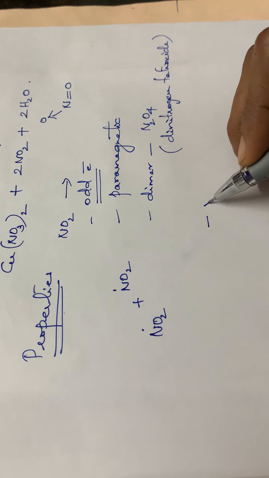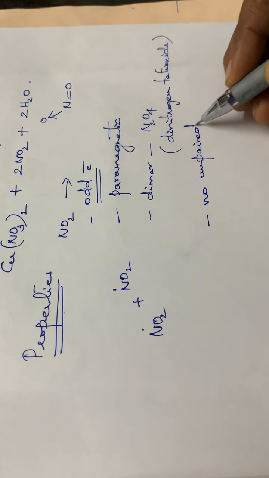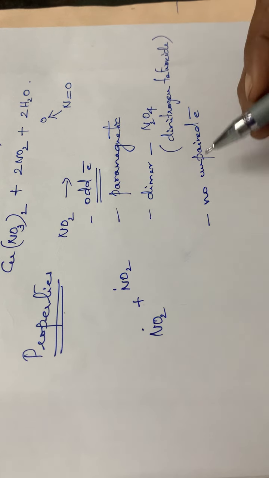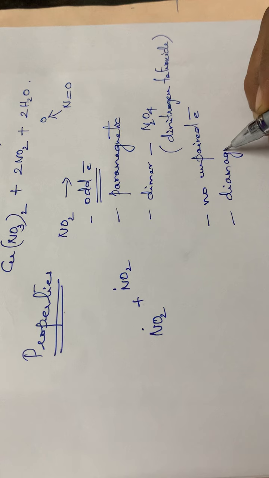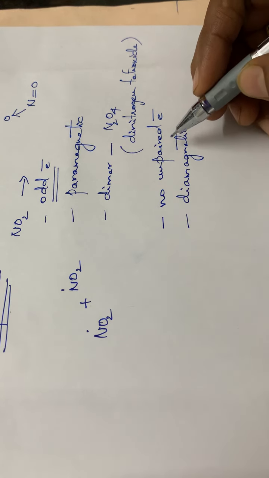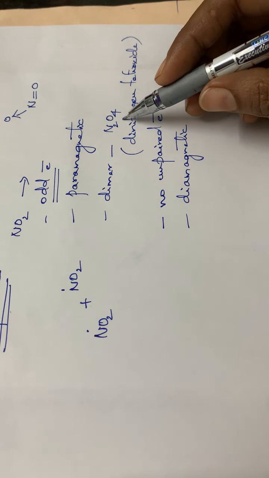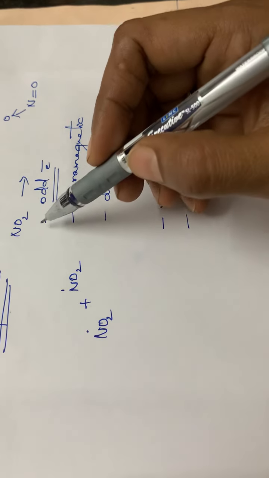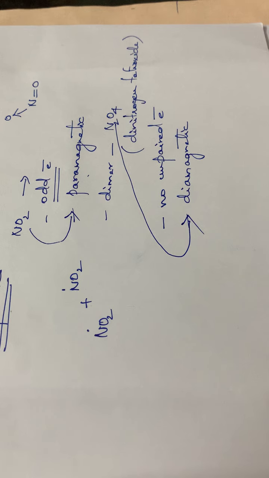It will not have any unpaired electrons, and so we can say that N2O4 is diamagnetic, while NO2 is paramagnetic. Diamagnetic means the substance will not have any unpaired electron.